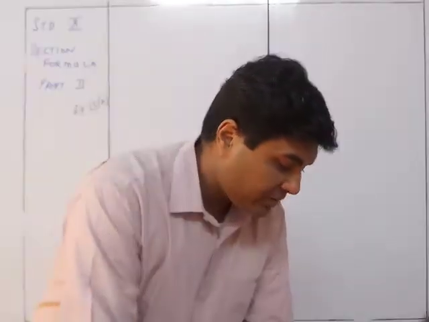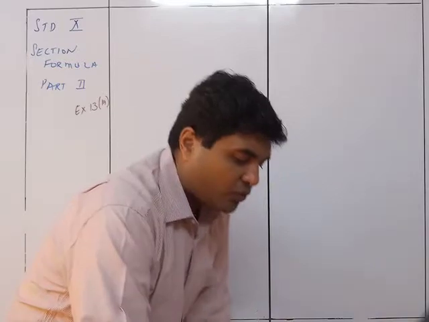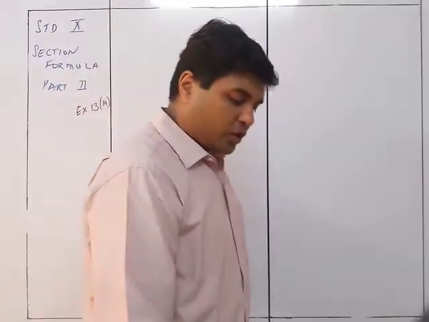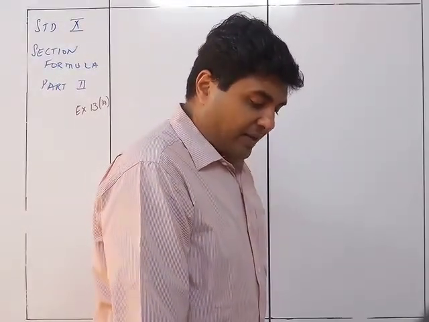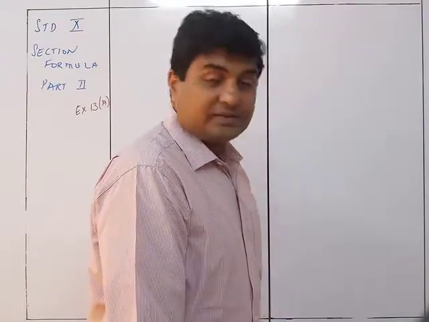What we have is, given a line AB joining the points A (minus 4, 6) and B (8, minus 3). Find the ratio in which AB divides the line on the y-axis. Okay, it's the same thing again.